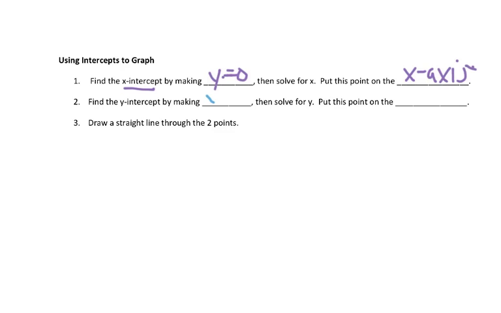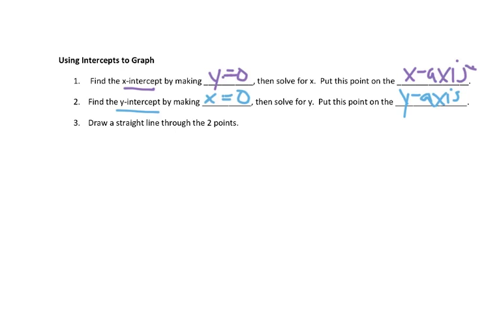To find the y-intercept, we make x equals 0, it's the opposite letter, and then we solve for y. And because this is a y-intercept, we would put it on the y-axis. This gives us 2 points for that line, because each of those steps are separate. And then we would just draw a line through those 2 points.